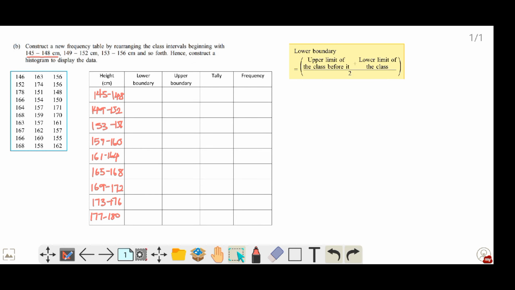And this is the formula to find it. We can find lower boundary for class 1 by adding the upper limit of the class before it, which is 144, plus lower limit of the class 145 and divide it by 2, and you will get 144.5.